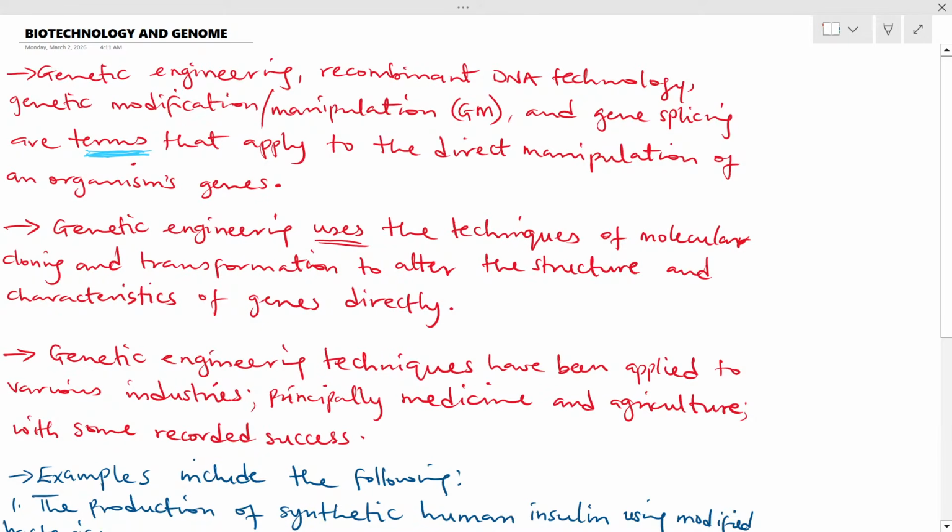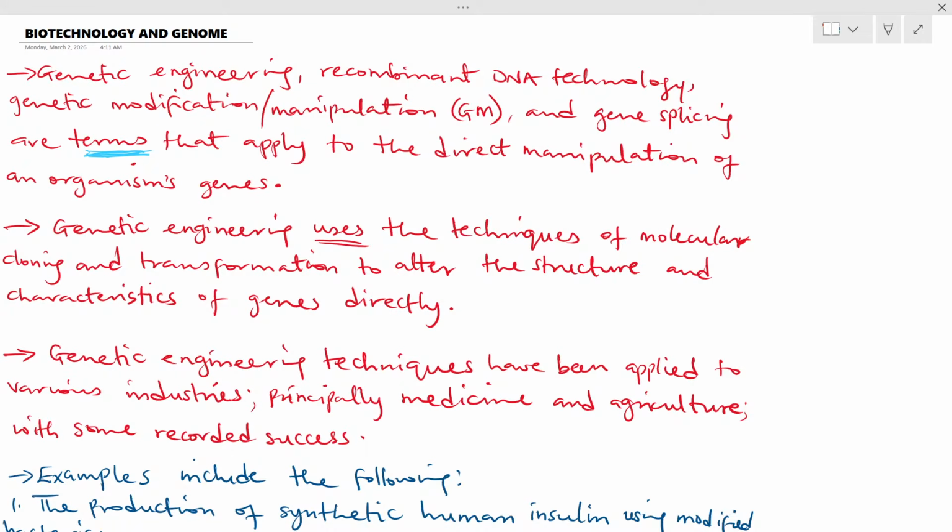So that is also very key: how it is used. It uses techniques of molecular cloning and transformation. Why? Because you are actually changing, creating, or applying genetic technology, so, techniques.